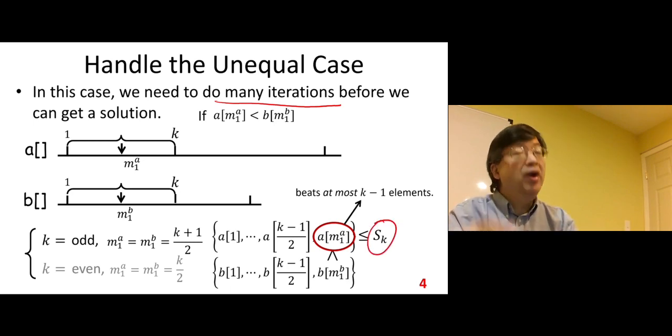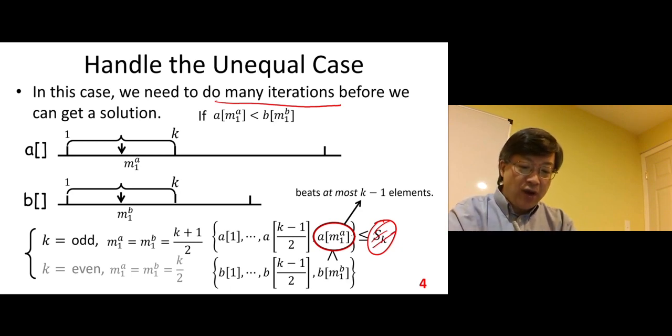It cannot be greater than the rank k element, right? Because if it were greater than the rank k element, it could beat at least k elements, and that's not true. So it is less than or equal to the rank k element.